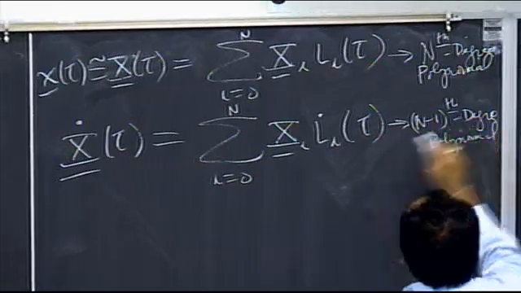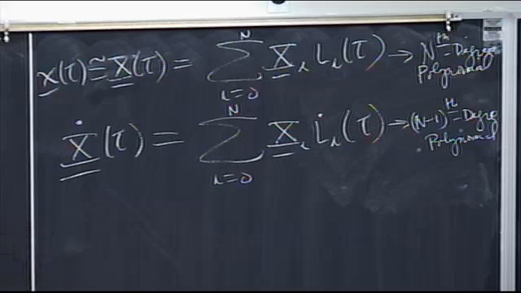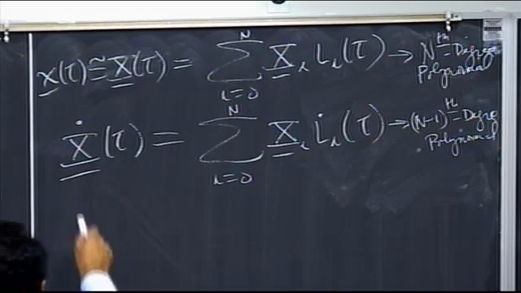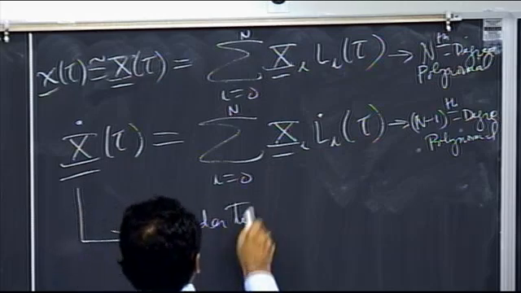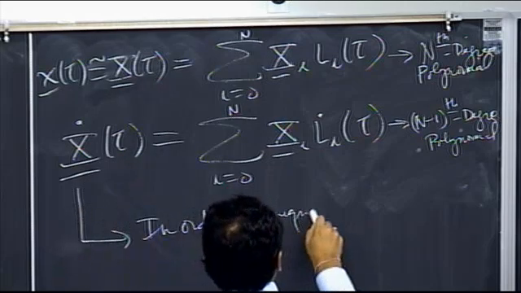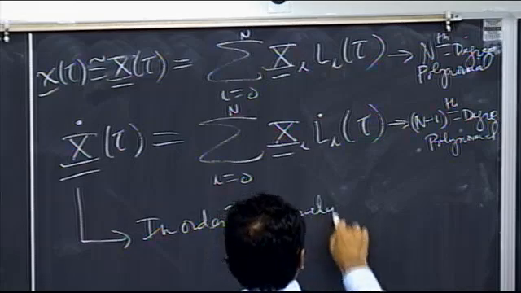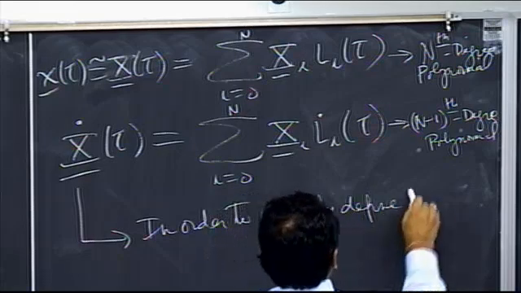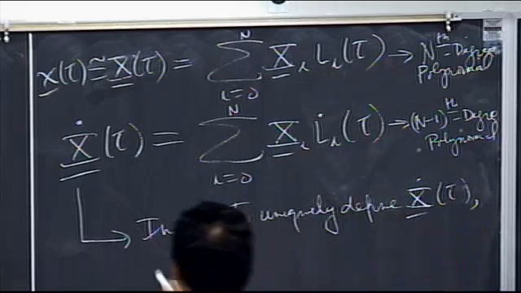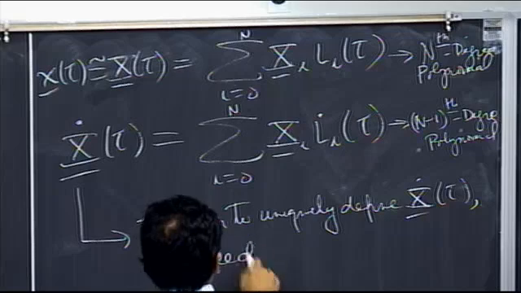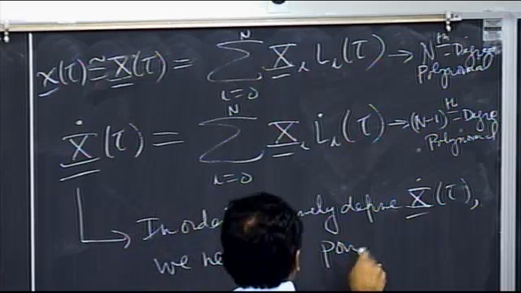So if this is an n minus 1th degree polynomial, how many coefficients do I need to uniquely define an n minus 1th degree polynomial? N, right? So in order to uniquely define this polynomial, we need n points.